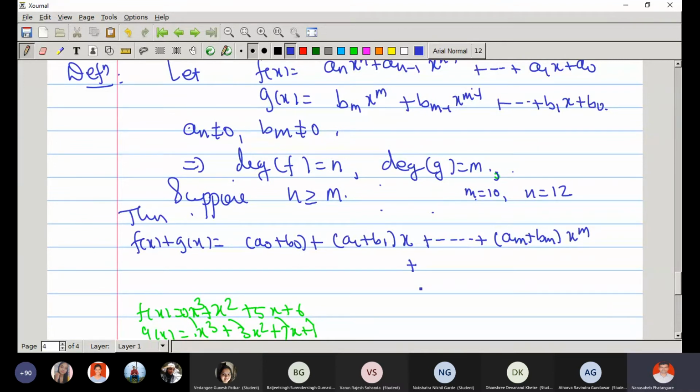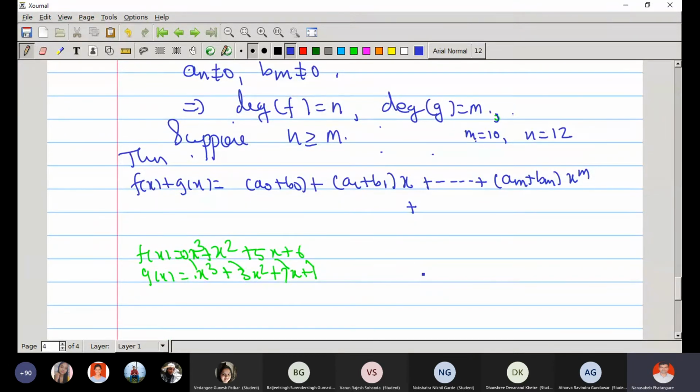After that what will happen? How do I define it? It will be just the remaining terms of the f polynomial. So that means b11 is 0, b12 is 0, correct? a11 may not be 0 and a12 is not 0.